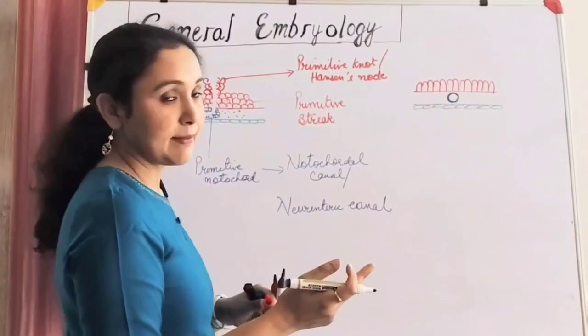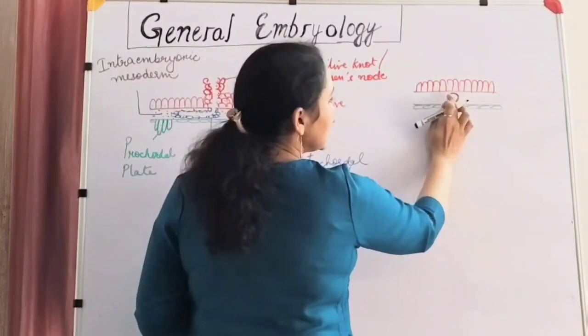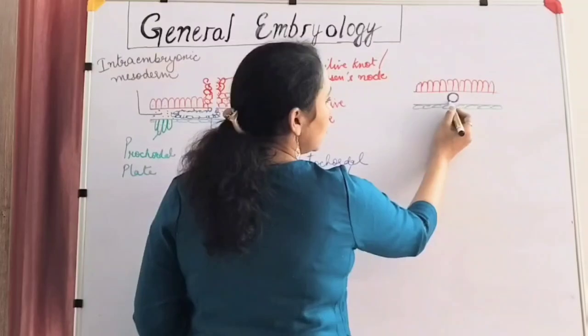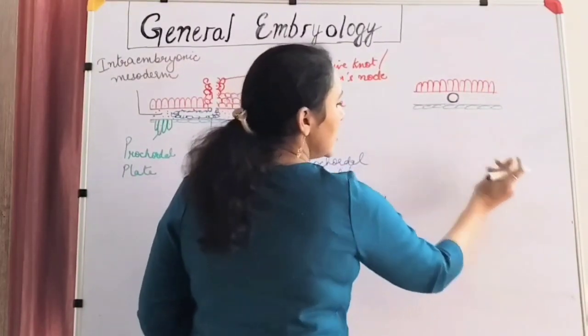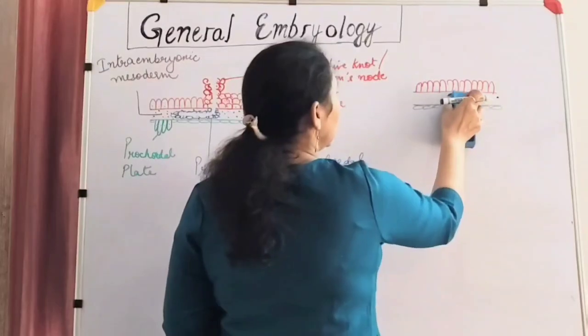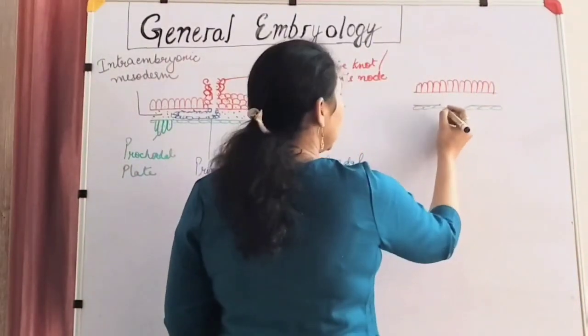What will be the next step? So this is now the notochordal canal. What will be the next step? The cells of the floor of this notochordal canal will intercalate with the cells of the endoderm. So what will be the picture now?